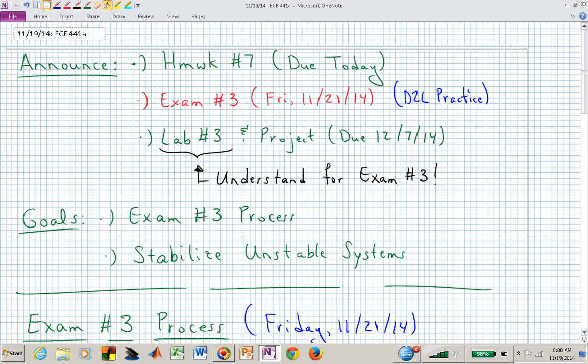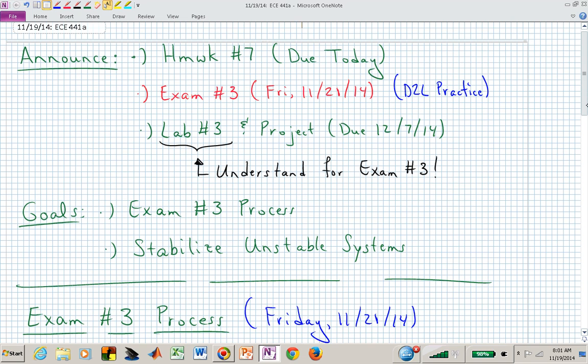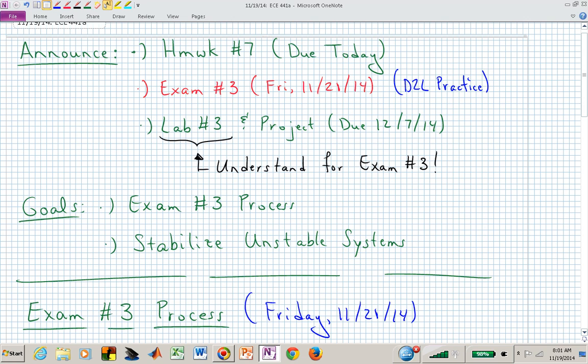But the Lab number 3 material you need to understand going into exam number 3, because I'm assuming you can design PID-based controllers on exam number 3, and that's a part of lab number 3. Lab number 3 is also dealing with phase lead controllers, and you'll want to look on D2L at the practice.